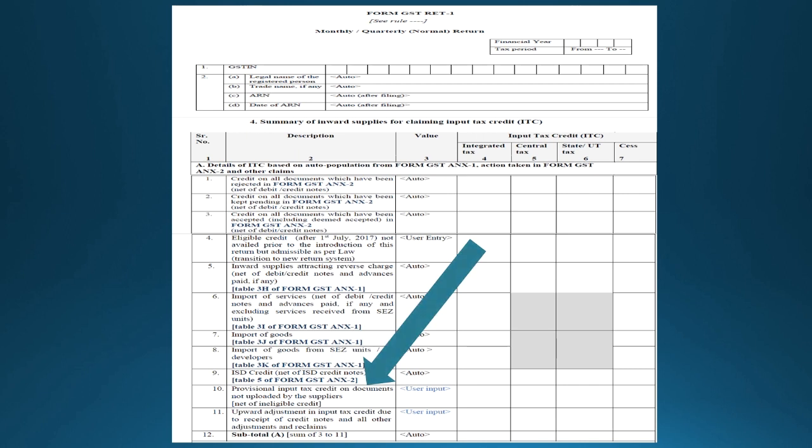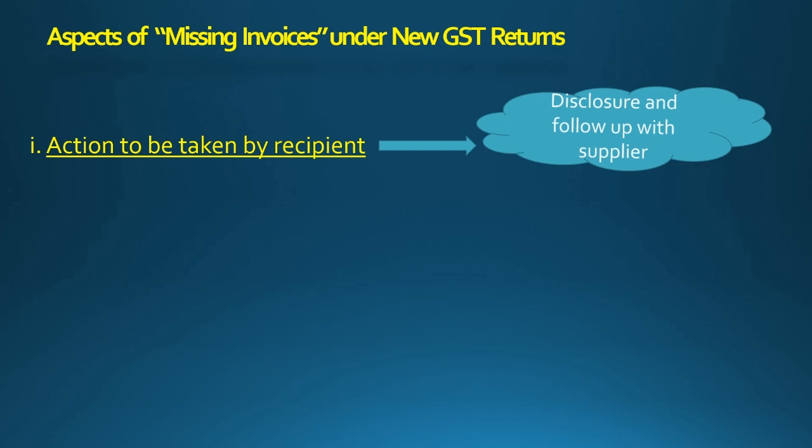As you can see on the screen, serial number 10 is for availing provisional input tax credit on documents not uploaded by the supplier. Along with the claiming of this credit, the recipient is given time to follow up with the supplier and get the missing invoice uploaded by the supplier in form GST Annex 1. The time given to the recipient for follow-up is 2 tax periods.